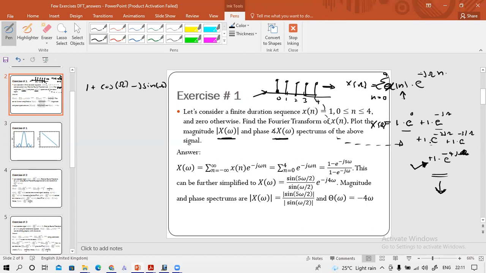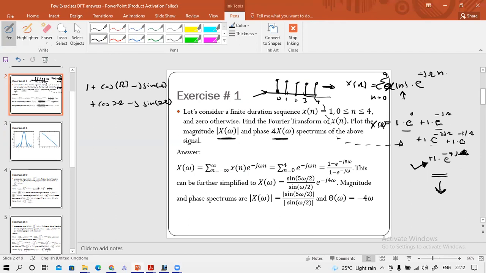Here you have cos 2 omega minus j sine 2 omega.